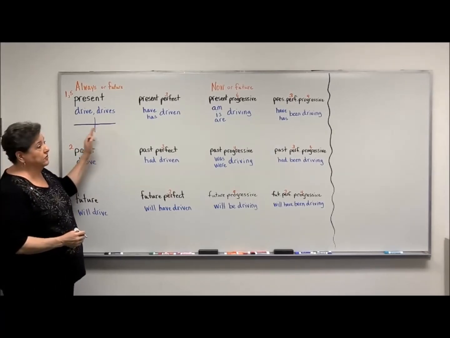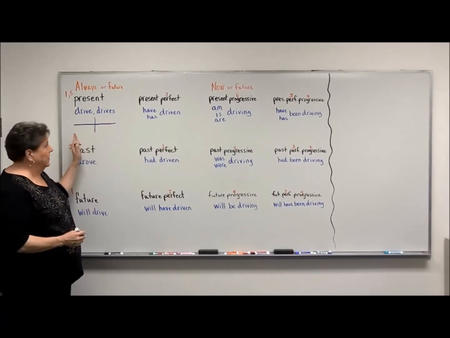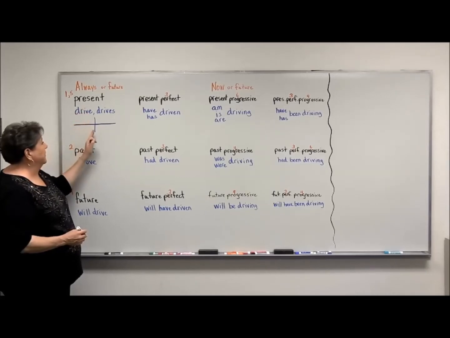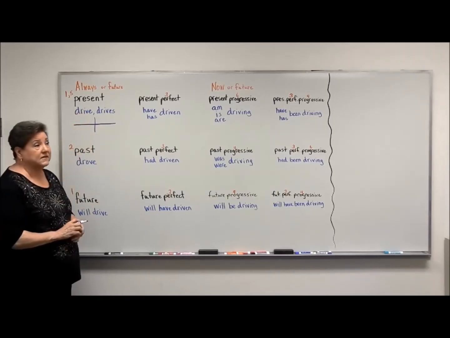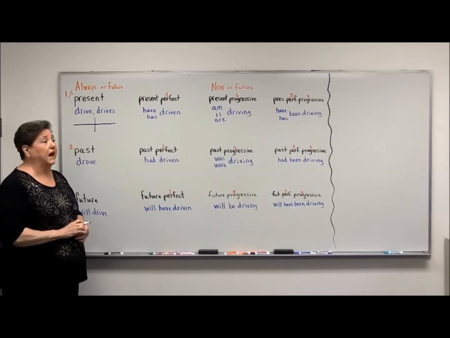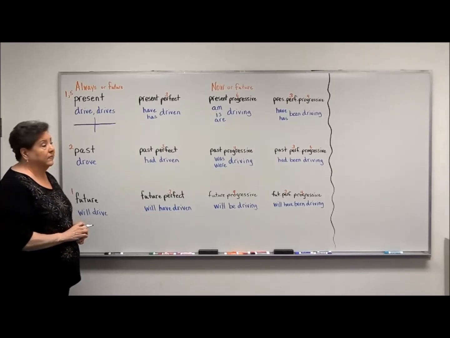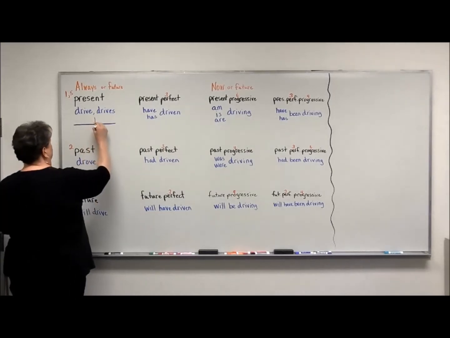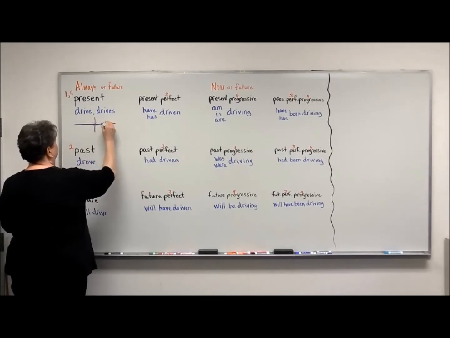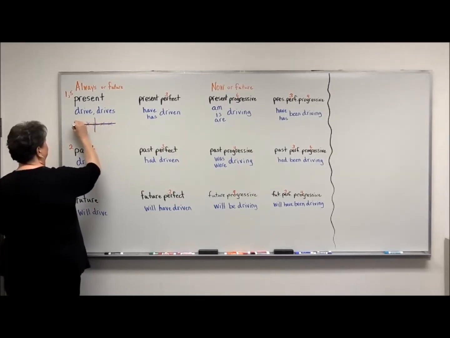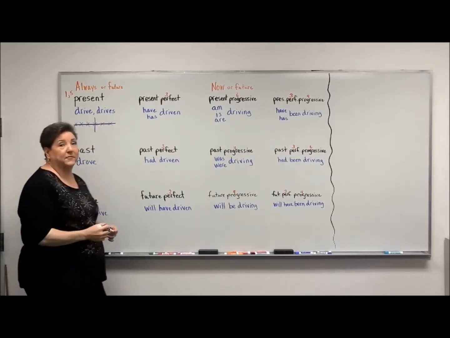A timeline. This means now. This is future. This is past. So if the present tense does not mean now, it means always. Something I always do. Something I usually do. This is what the timeline looks like. Something you always do.